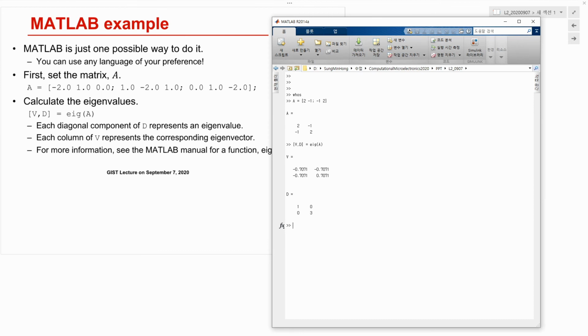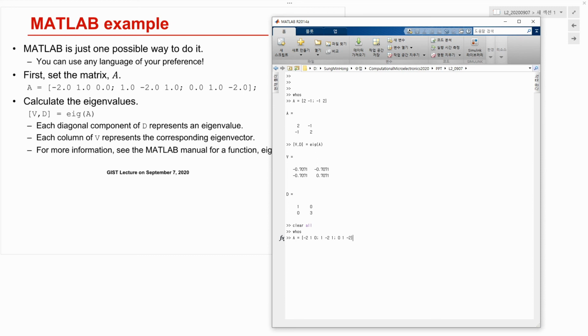So first clear, then there is nothing. This is given by minus 2, 1, 0, 1, minus 2, 1, and 0, 1, minus 2.